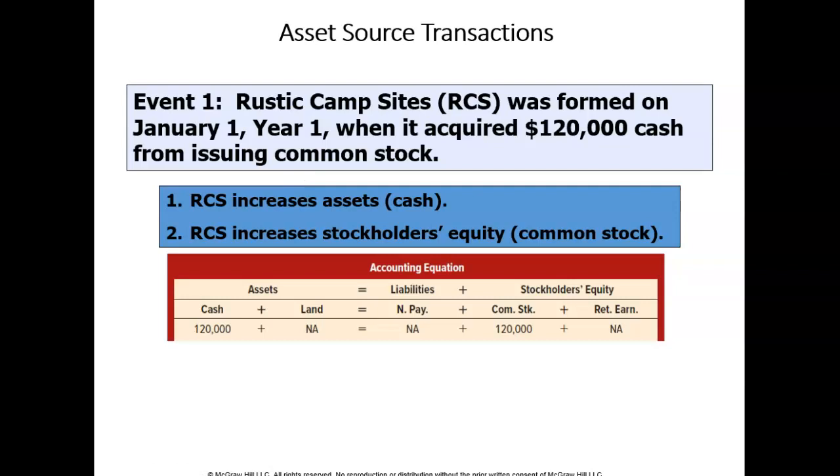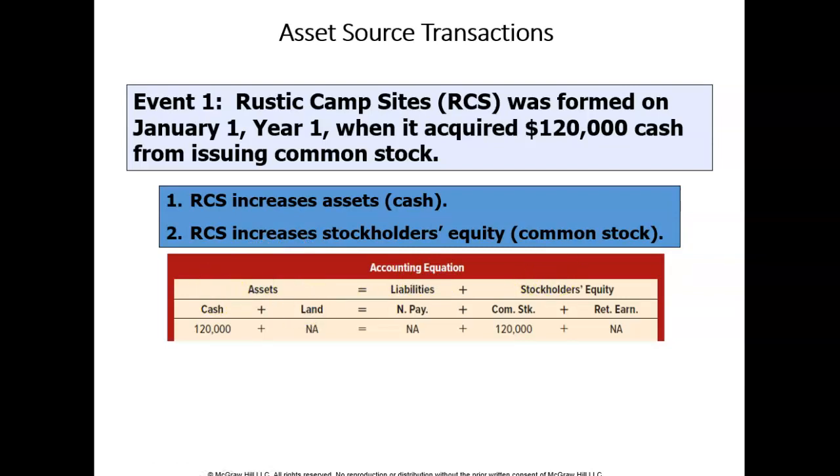So first, when you read this business transaction, you need to ask yourself, what does this say? Well, this company, Rustic Campsite, issued shares of common stock, which means stockholders bought the stock, and they received in cash $120,000. So your job is to record this transaction using what's known as the accounting equation.